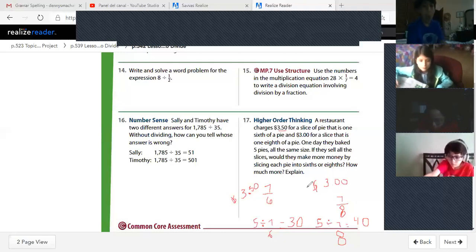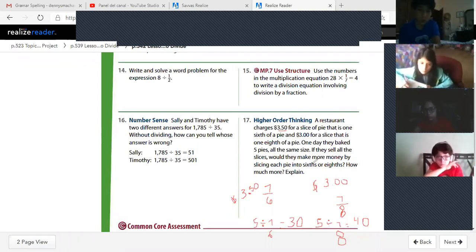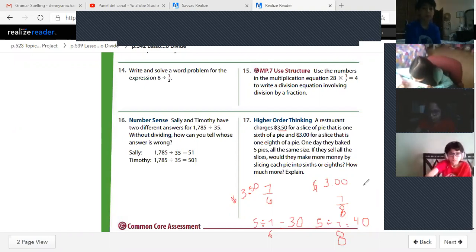And how much more? 10. So they will sell more with 8, 10 more, right?